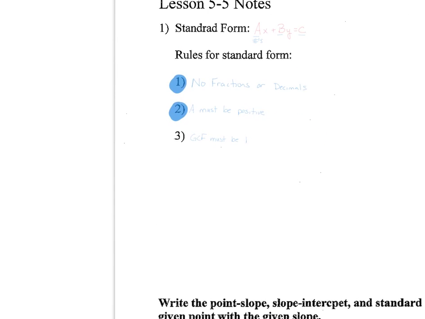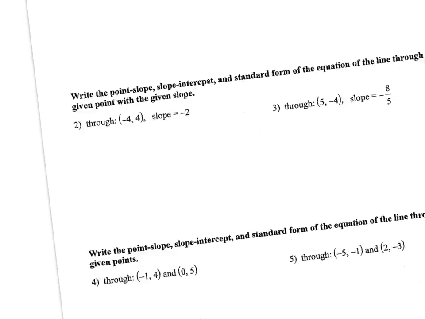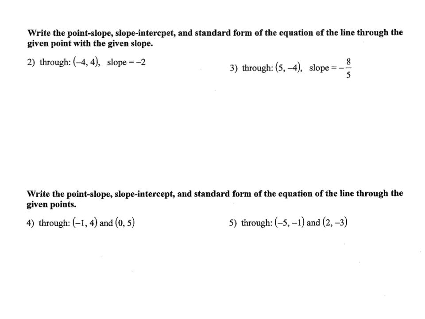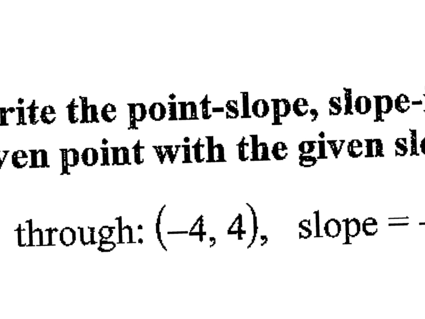All right, so let's drop down here and look at our first example. The directions tell us to write point slope, slope intercept, which is review material, and standard form of the equation of the line through the given point. Just as a quick review, point slope is y minus y1 equals m times x minus x1.